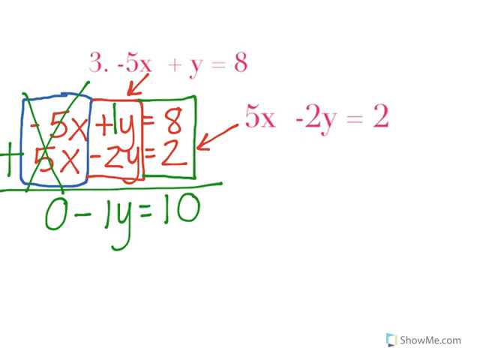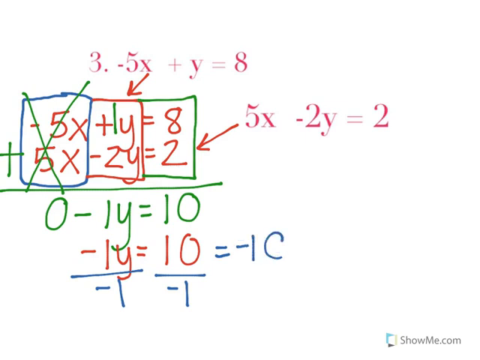So next I can solve my problem by isolating the y variable and dividing by negative 1 on both sides. When I divide 10 by negative 1, I'll get negative 10. My answer for y is negative 10.